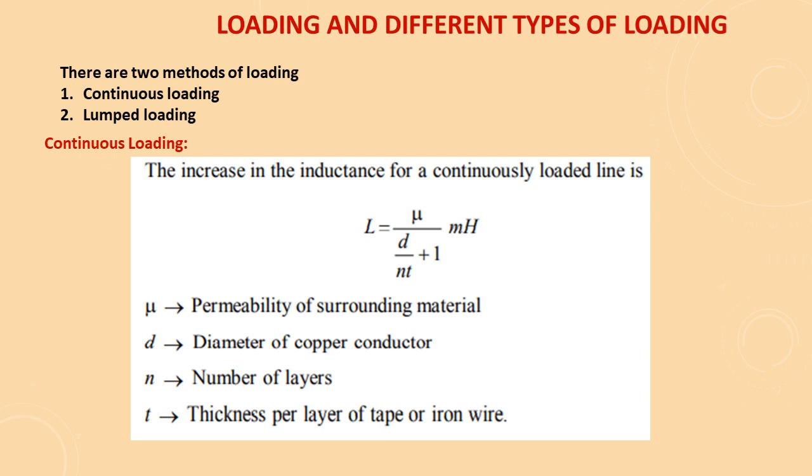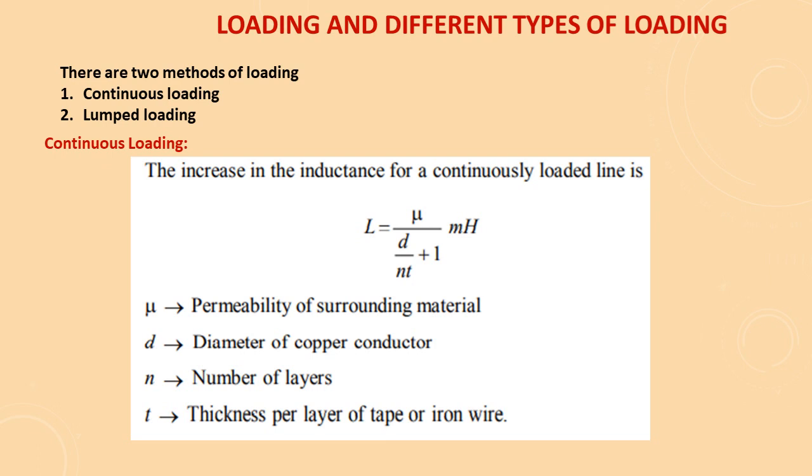Now continuous loading: we wind a conducting material on a transmission line. If we have an increase in the inductance continuously over a transmission line, then we call that continuous loading. Due to that, the inductance value will be increased depending upon the material which we wind onto the transmission line.